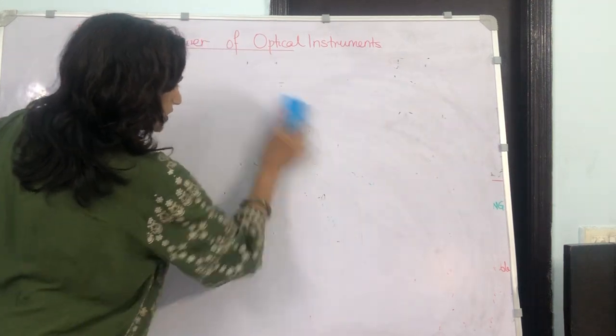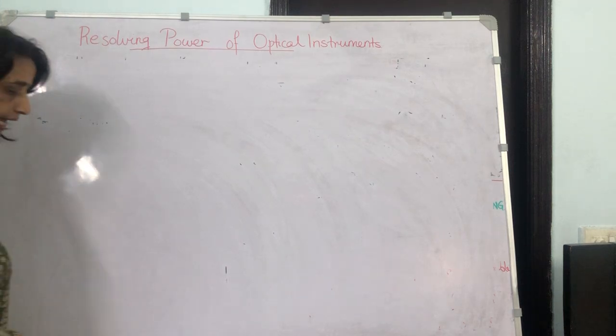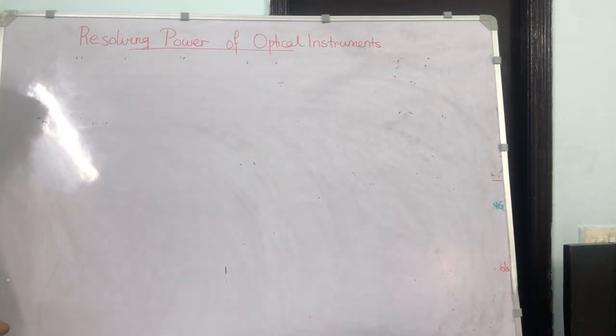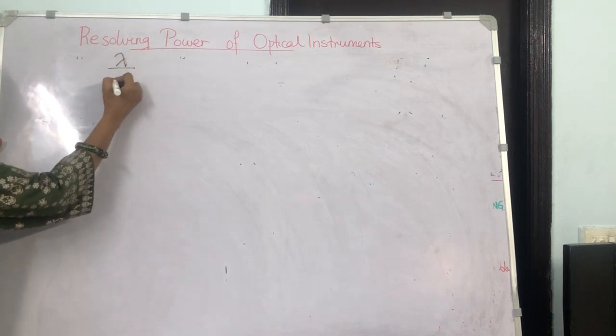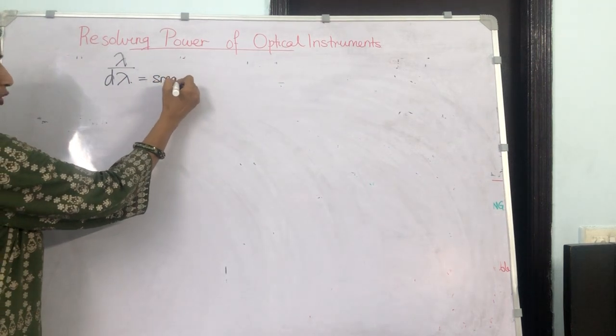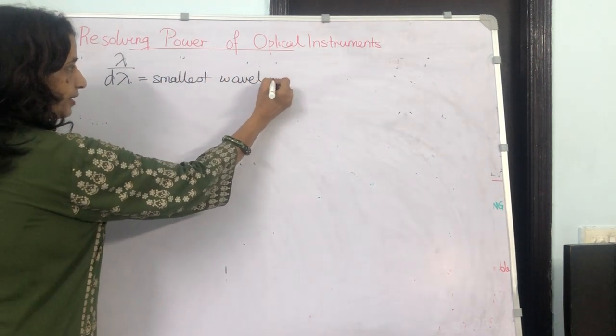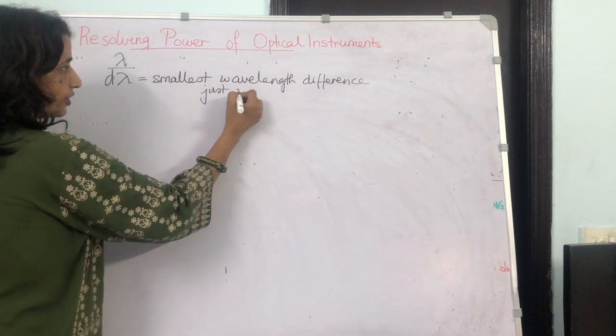For your theory, the resolving power of a grating is defined as the ratio of the wavelength of any spectral line to the smallest wavelength difference between neighboring lines for which the spectral lines can be just resolved at wavelength lambda.